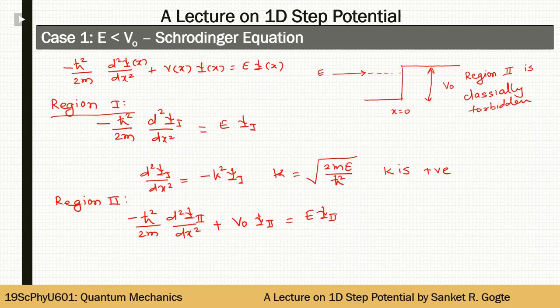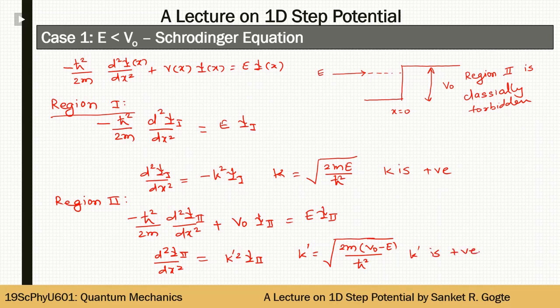So the equation therefore can be written as d2 psi 2 by dx2 is equal to, now this is plus k prime square psi 2, where k prime is 2m (V0 minus E) by h cross square. Am I right? Yeah, it seems all right, where k prime is again a positive constant.